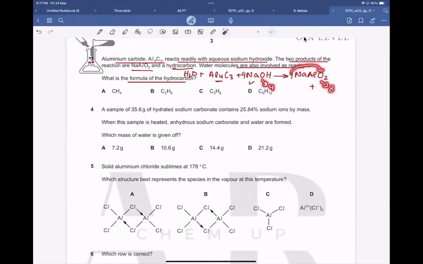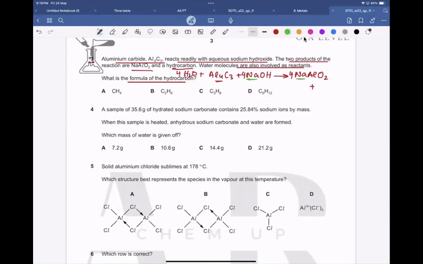So it means that to balance the equation, we need 4 more oxygens. So to get 4 more oxygens, I will put 4 over here.